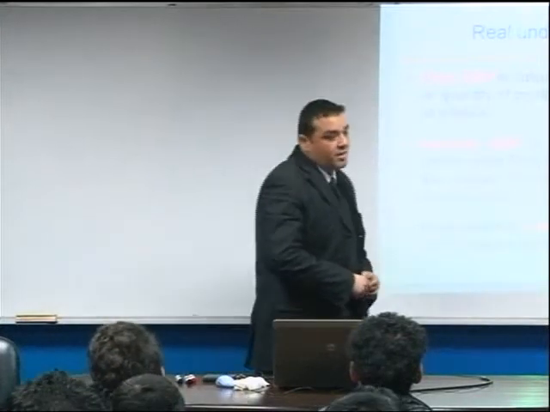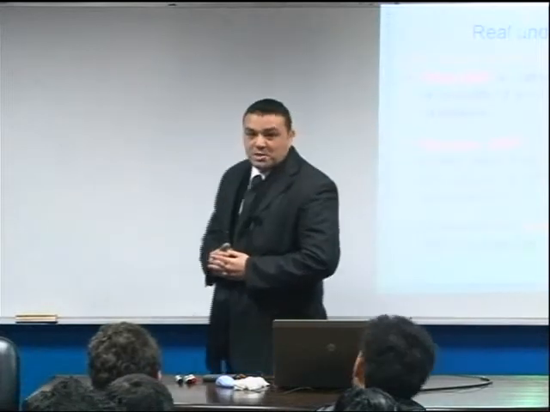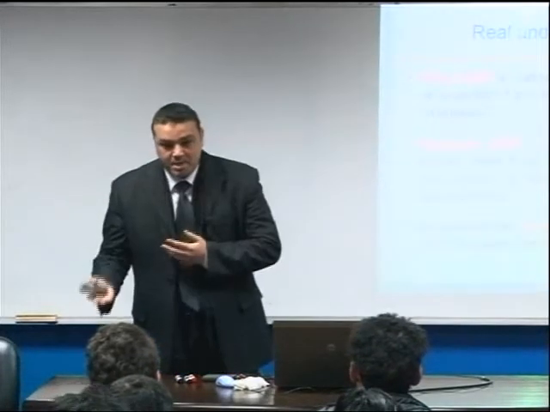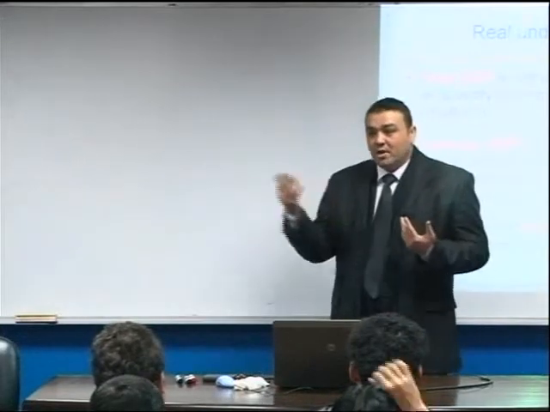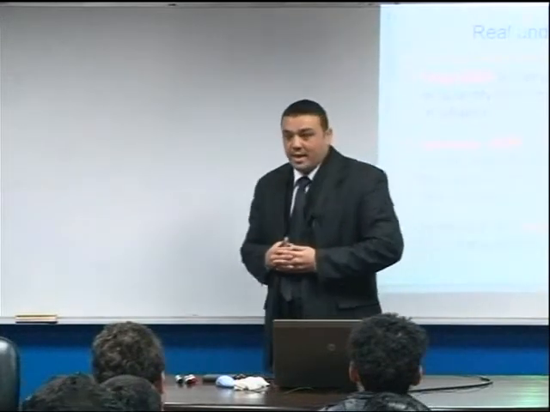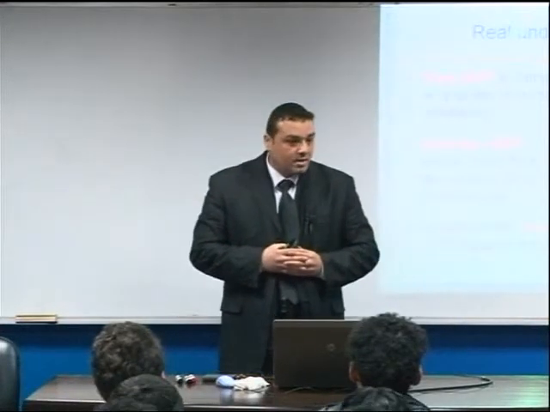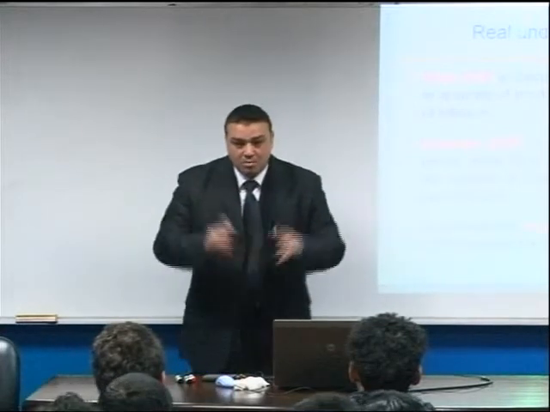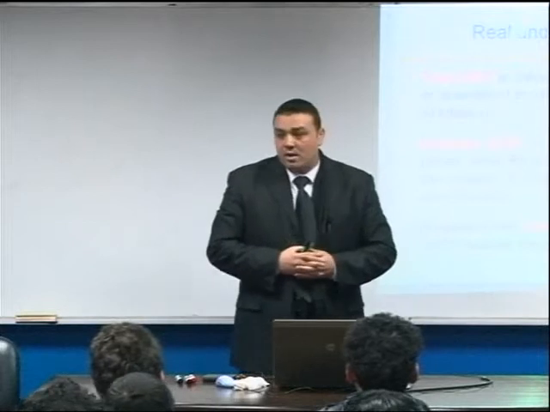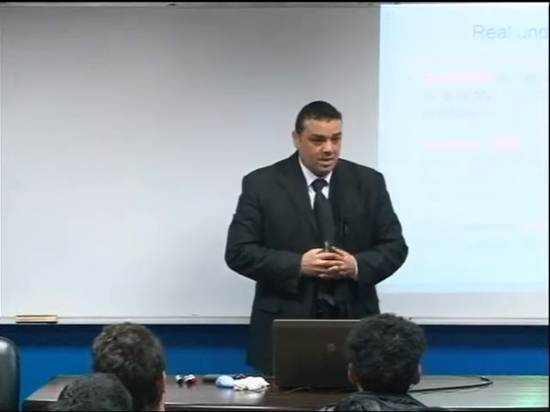As you know, in the last class we discussed the differences between nominal GDP and real GDP, as well as how to calculate nominal and real GDP and the GDP deflator. Today we are going to complete something related to chapter 2, and then we will start chapter 3.